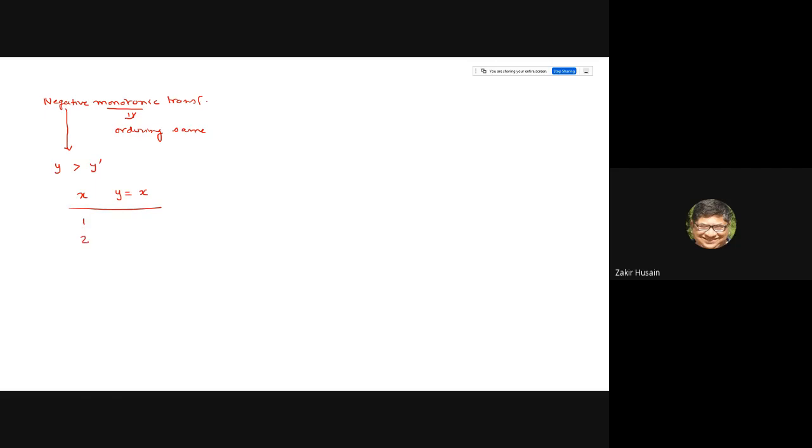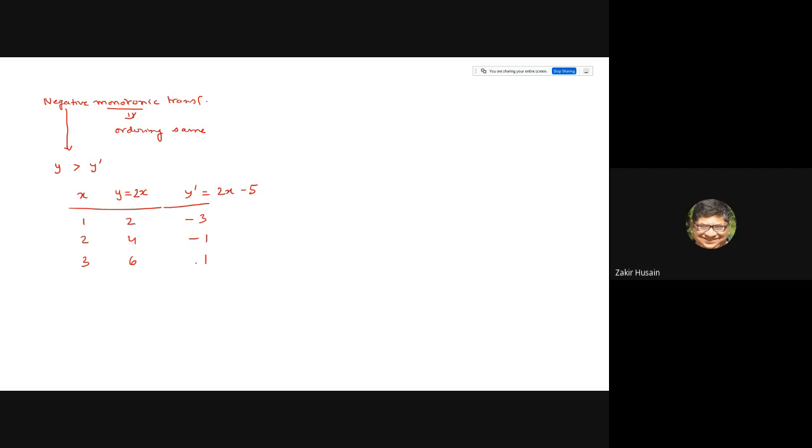Let us take that again. Let us make it 2x. So this becomes 2, this becomes 4, this becomes 6. And y prime is 2x minus 5. So what is happening? It is minus 3, minus 1, 1.